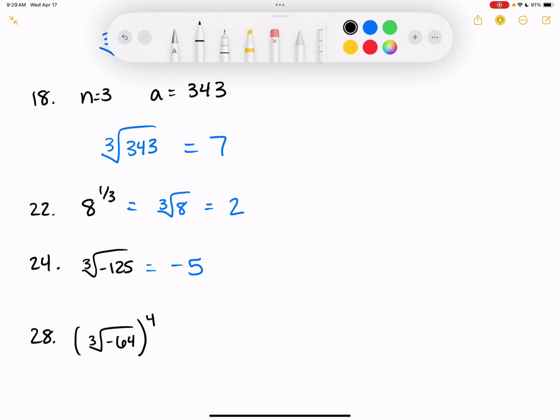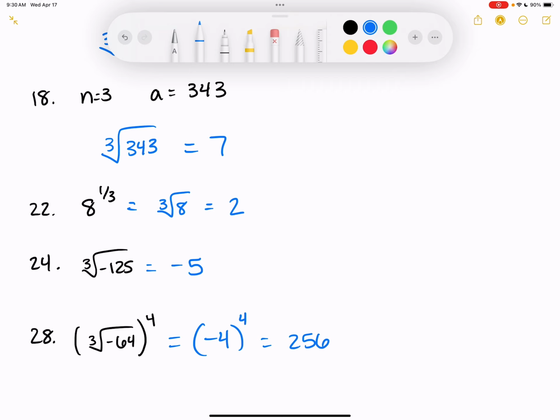-4. So -4, and notice that's in parentheses. That's important. And then it's being raised to the 4th power. And what would that be? 256.